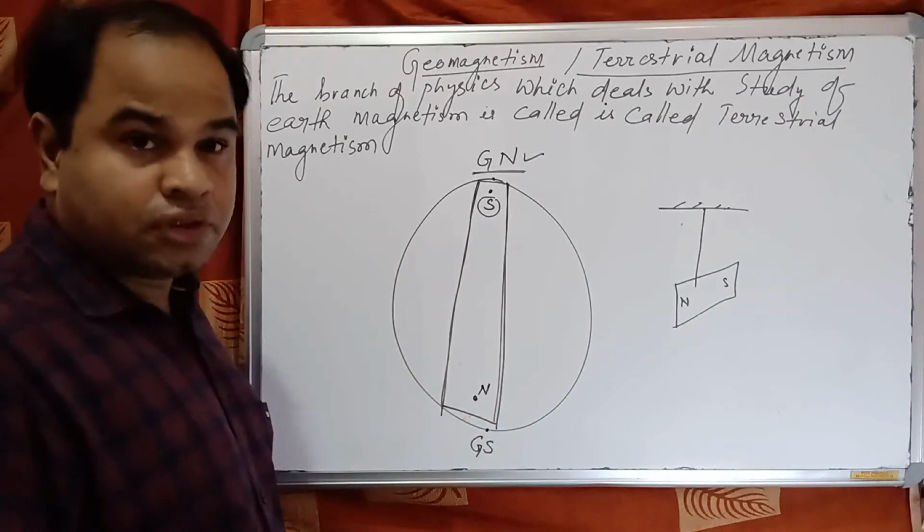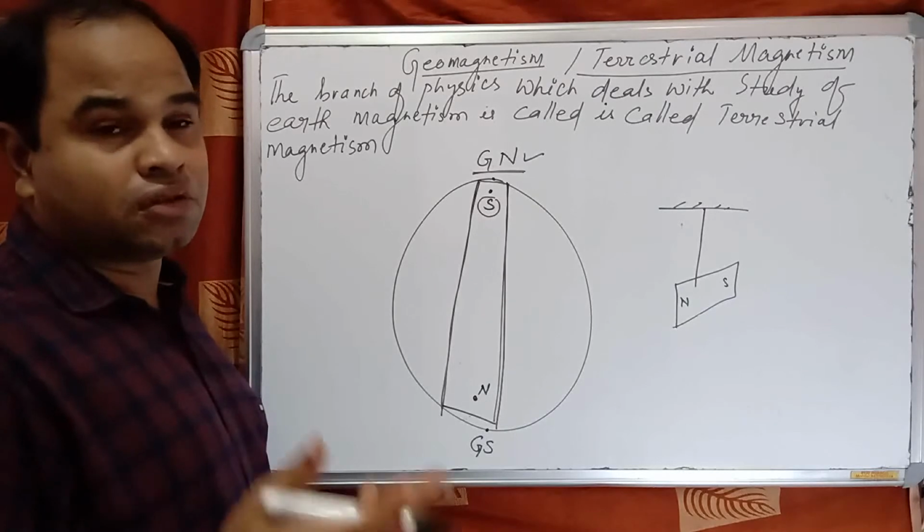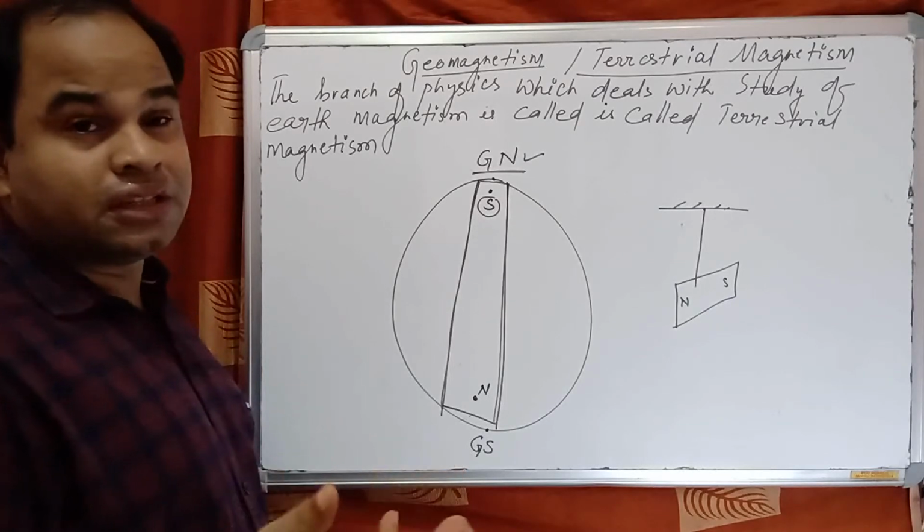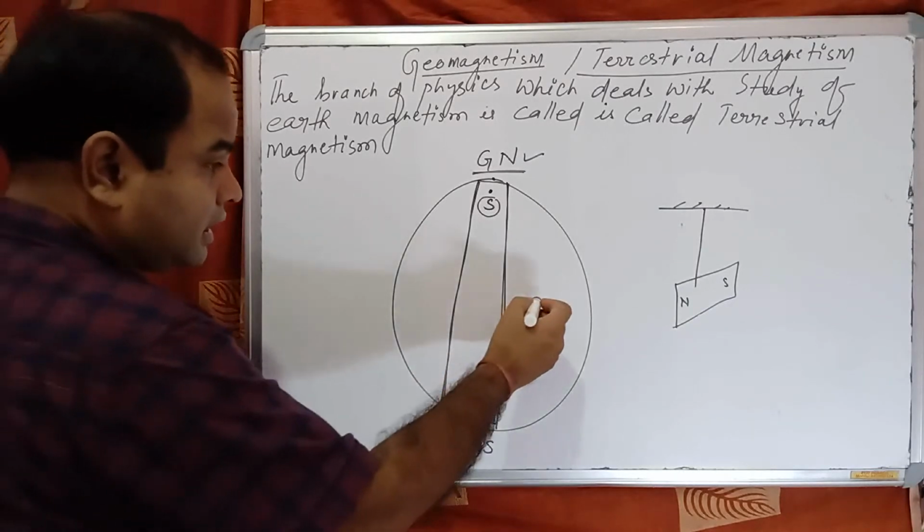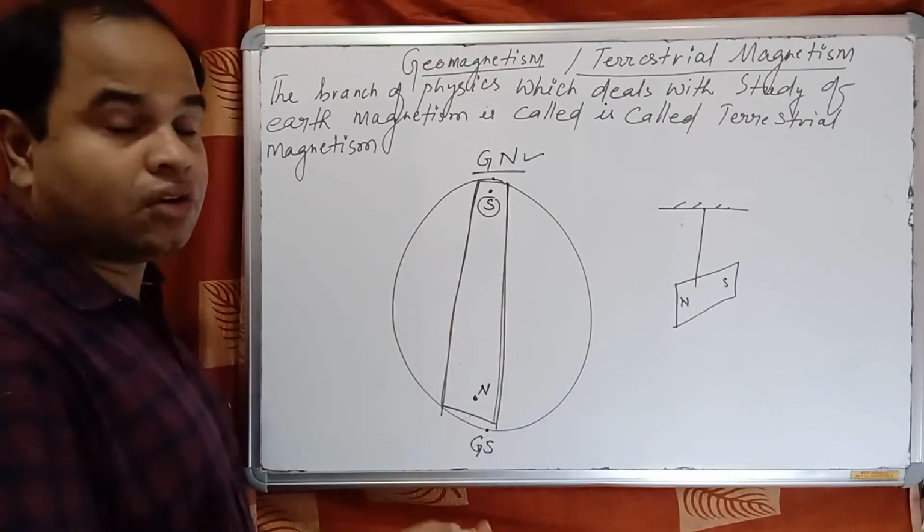That's why whenever we place a compass or freely suspend a bar magnet, it aligns itself along the north-south direction.